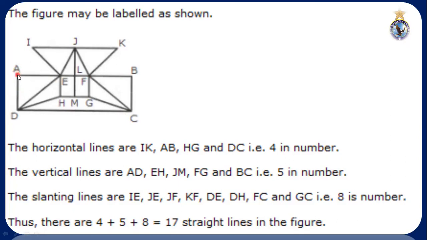A, starting from the top left corner and then ending at the top right corner, that is B. Coming down, that is the C vertex, and now at the bottom we have D. In this way we can count the 4 lines, but other vertices and corners are also available.